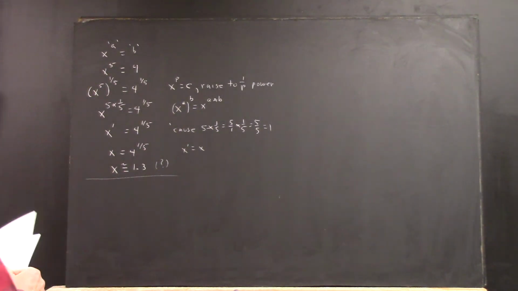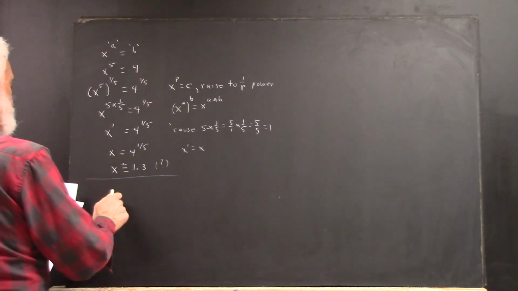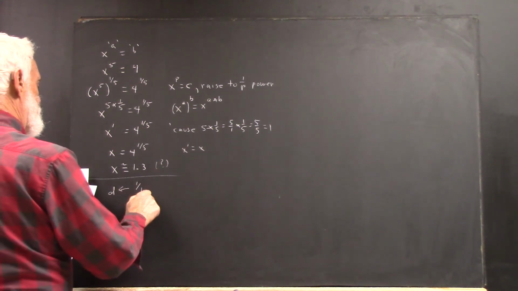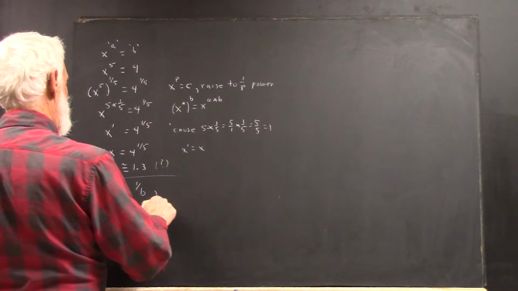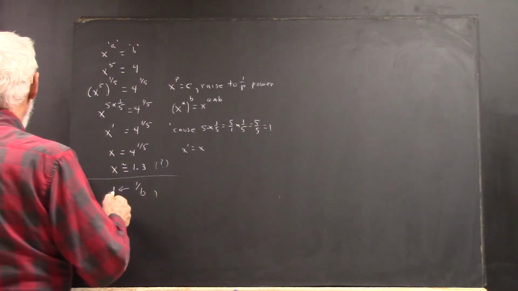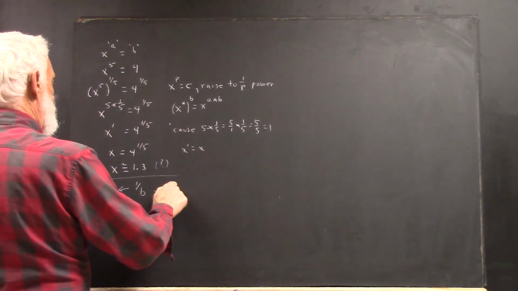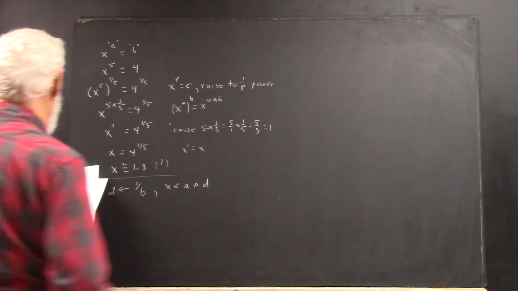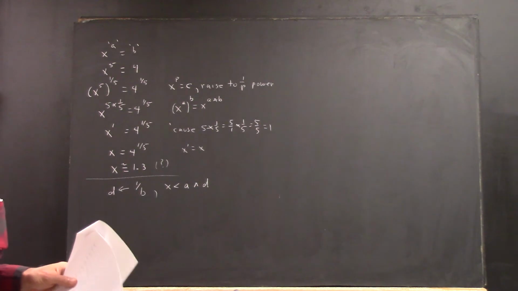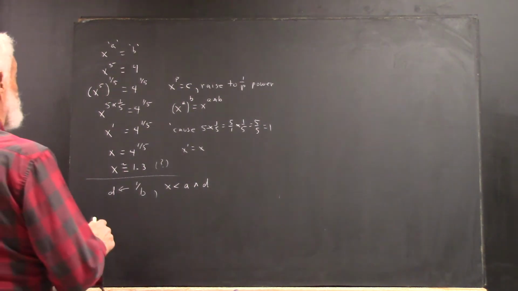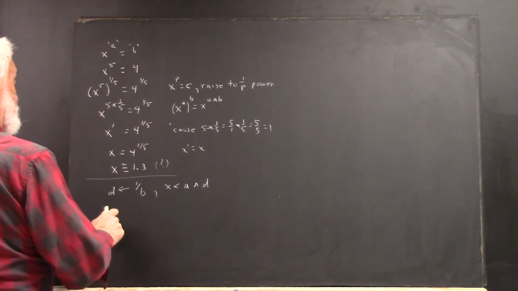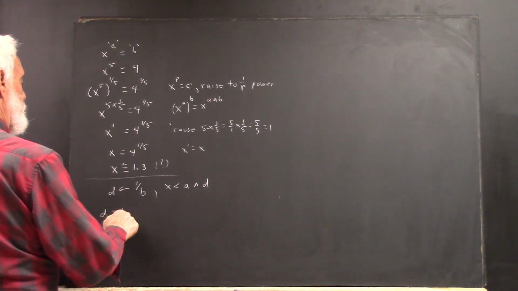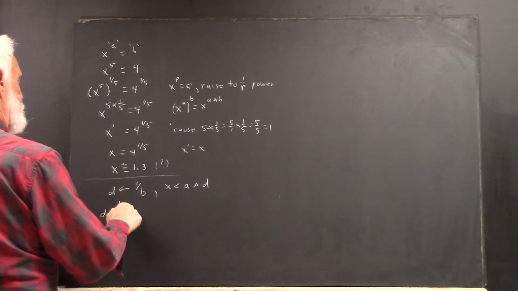I say D is going to be 1 over B, and X is going to be A raised to the D. What does that mean? Well, B is 4, so 1 over 4.